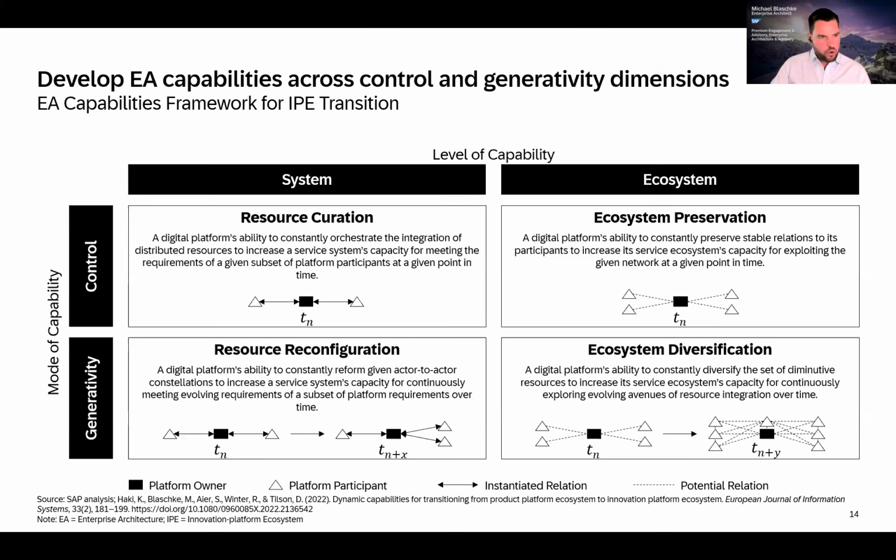So the first EA capability we suggest is EA-guided resource curation, which focuses on exerting control over the ecosystem, but really on the system level, on the specific system. So like a skilled conductor using sheet music to orchestrate different musicians for perfect harmony, if you like that analogy.